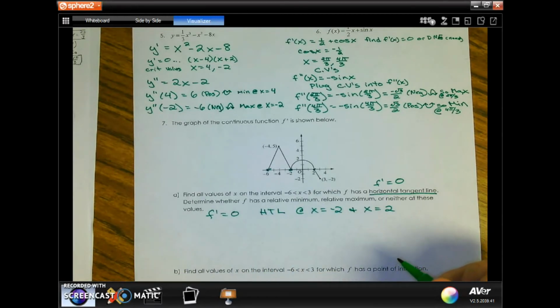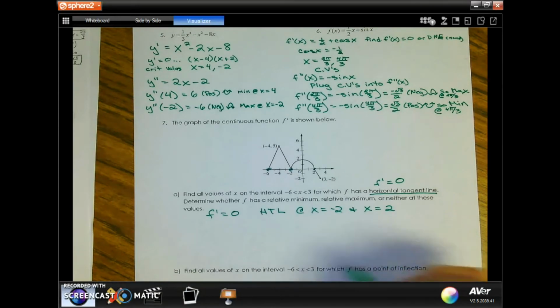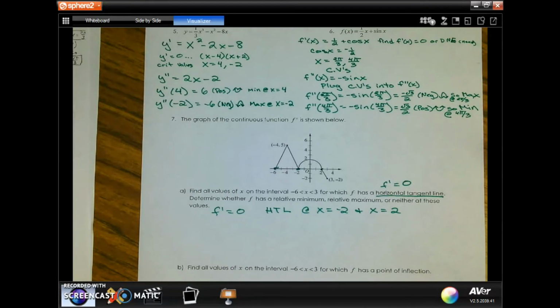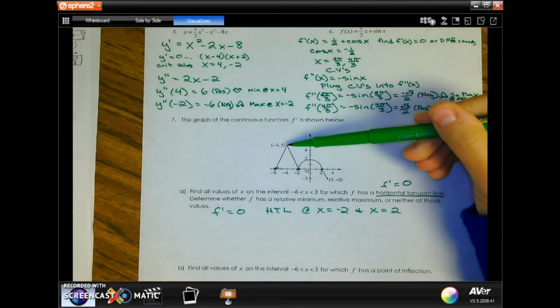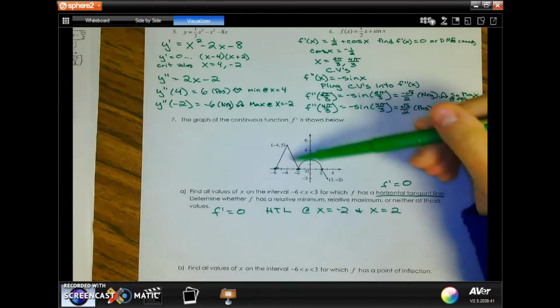And then it asks you furthermore, determine whether it has a relative max or min or neither at these values. Well, what you need to know is that we're really concerned about whether the derivative is going from positive to negative, or negative to positive. That's when you get max and mins. To determine if you have a relative max or min at -2, you're concerned if the derivative goes from positive to negative.